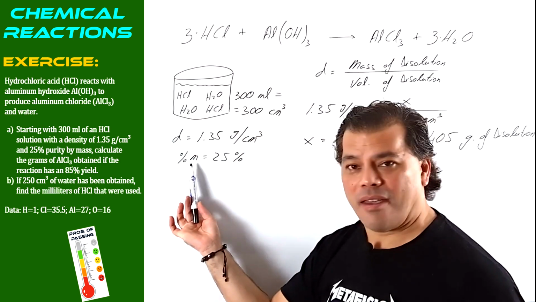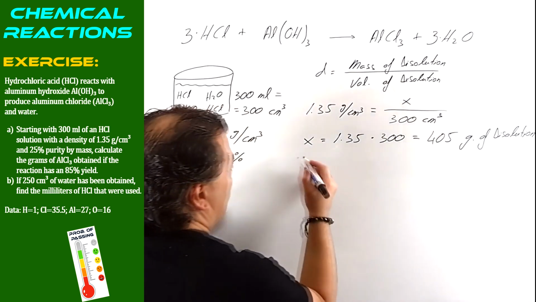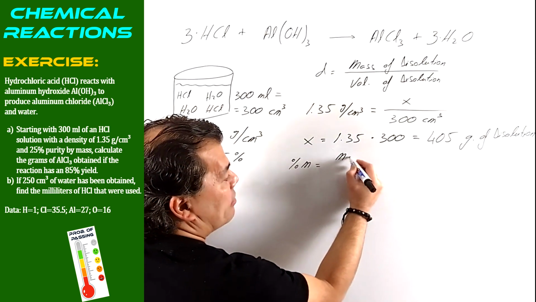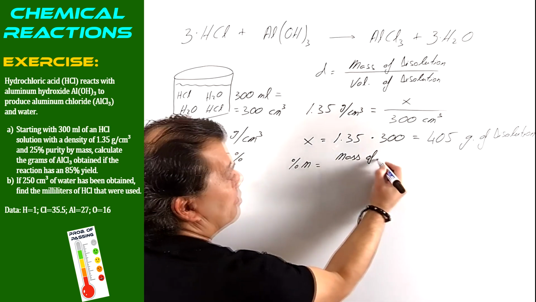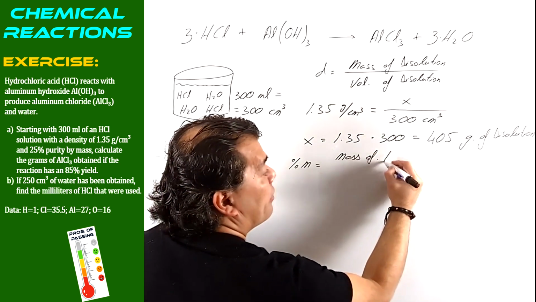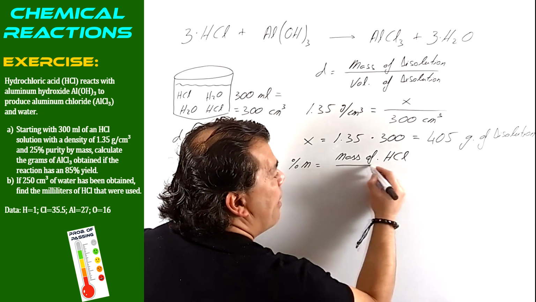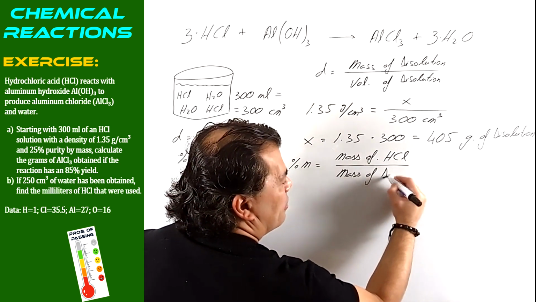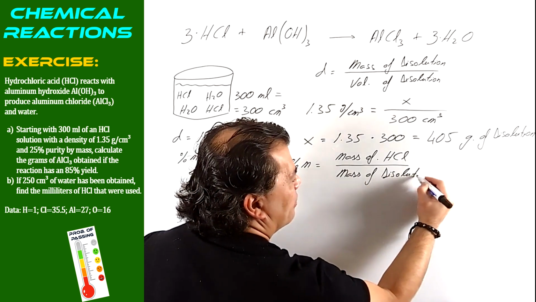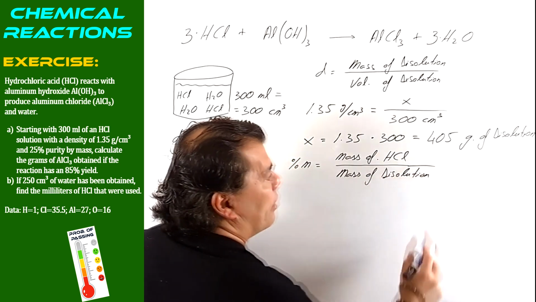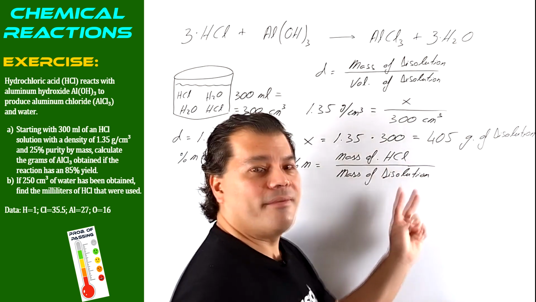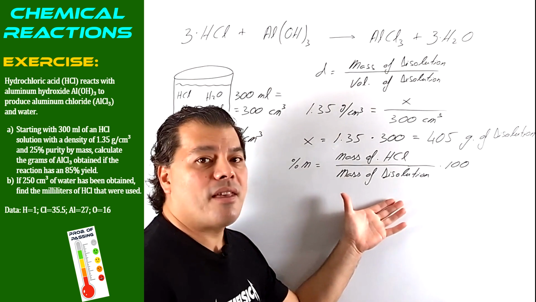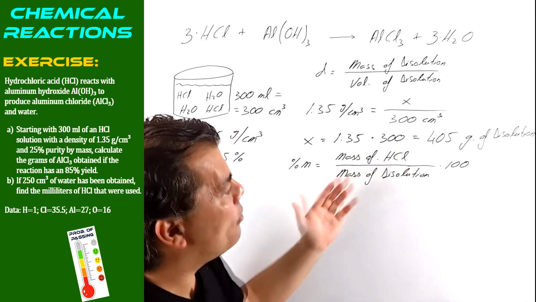Using the purity mass. As you probably know, purity mass equals mass of solute, that is only hydrochloric acid, divided by mass of this solution, and we have already obtained this data, but also multiplied by 100. And it's time to place properly our numbers.